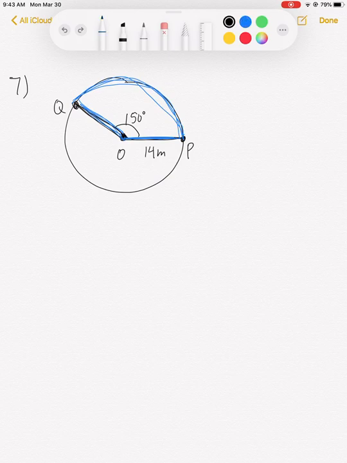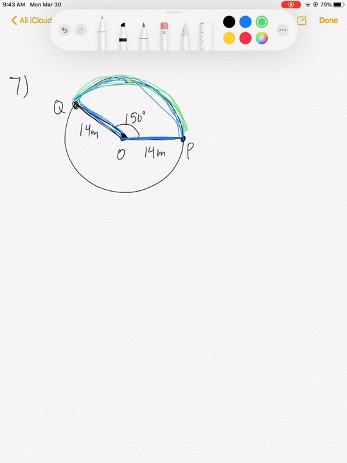Now, OP is given as a radius 14 meters long, and so we can deduce that the other radii are also 14 meters. So OQ is going to be 14 meters. The one that will take the longest to calculate is my arc right here, the arc PQ.